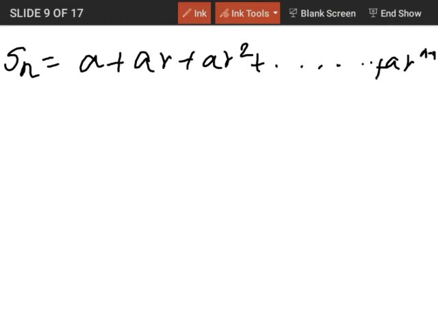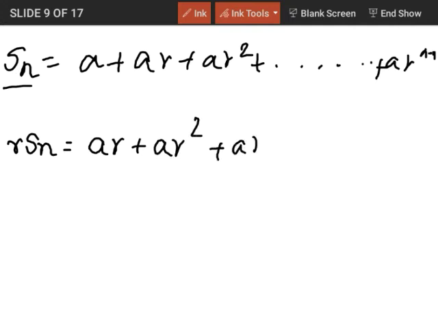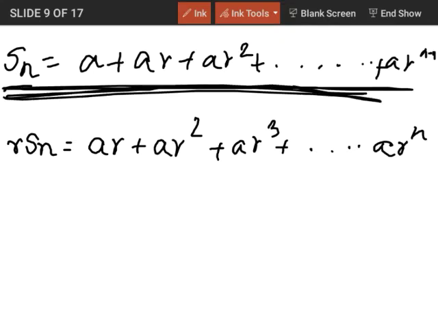Now if I multiply Sn with r, it will be ar plus ar square plus ar cube up to ar^n, right? We have just multiplied r to the whole progression.